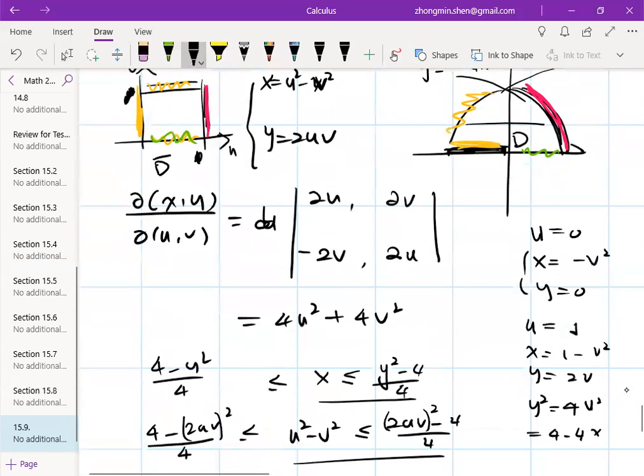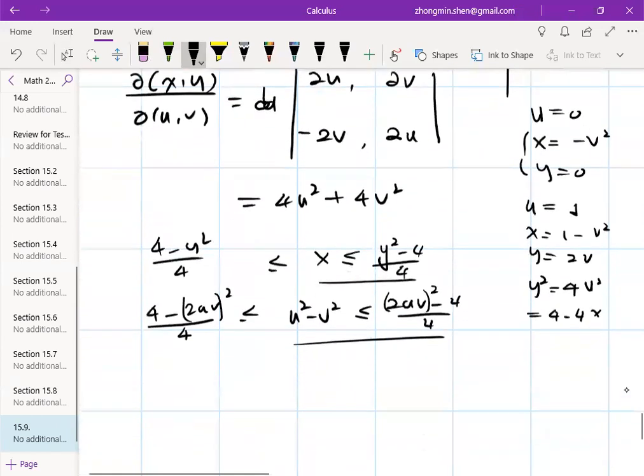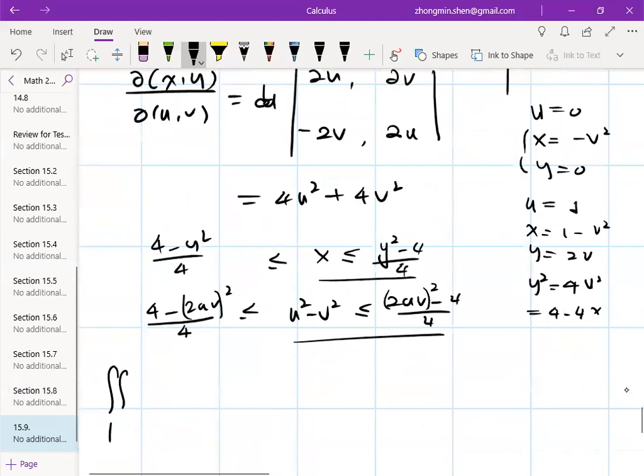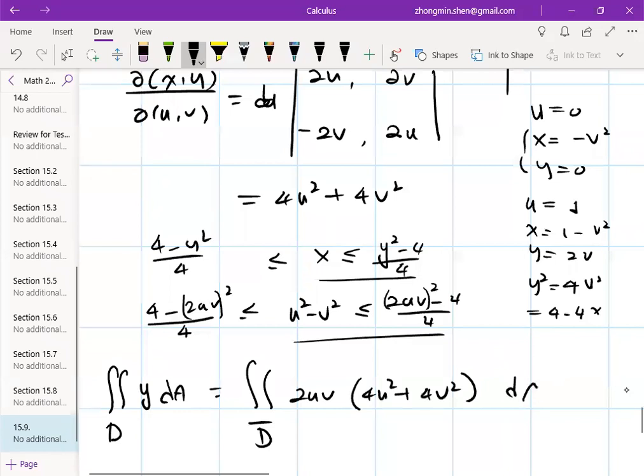So now we're going to translate the double integral of y dA over that square. So y is going to be 2uv, okay? And the determinant is going to be 4u squared plus 4v squared, and then dA.